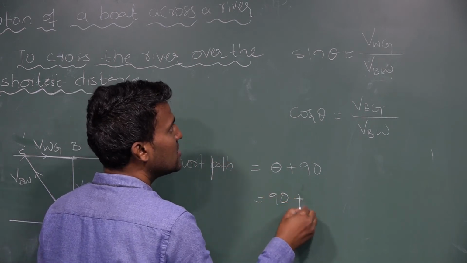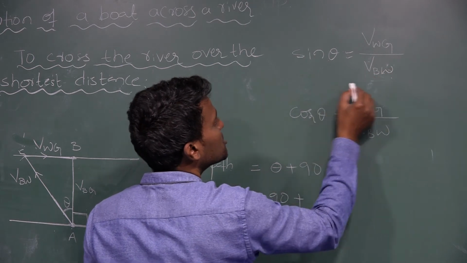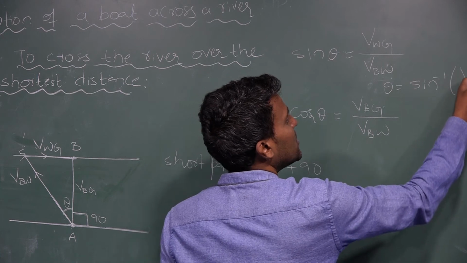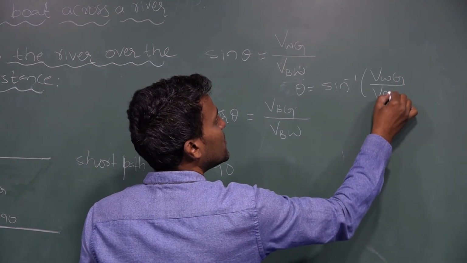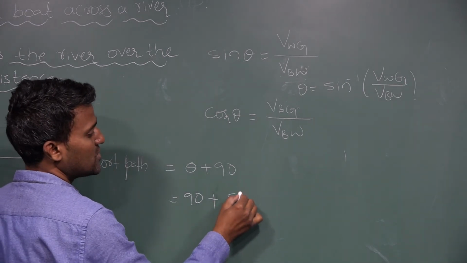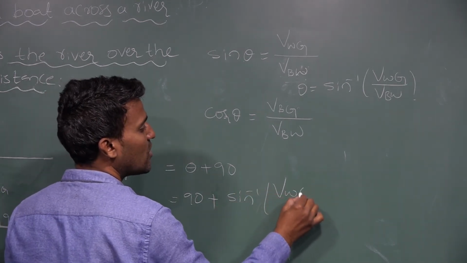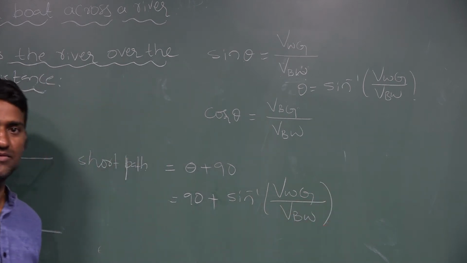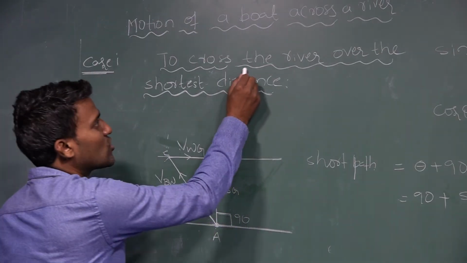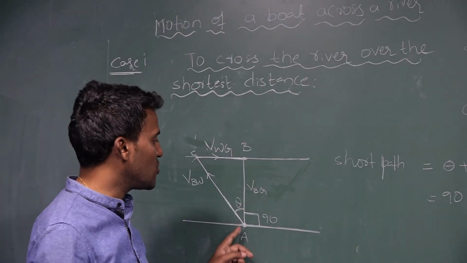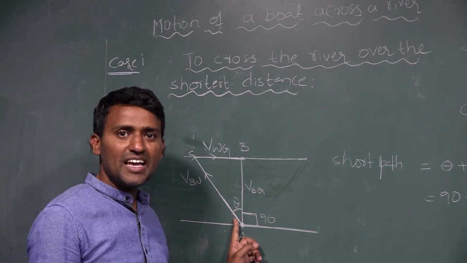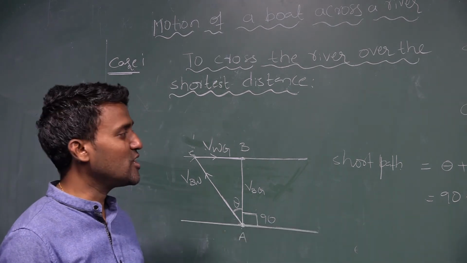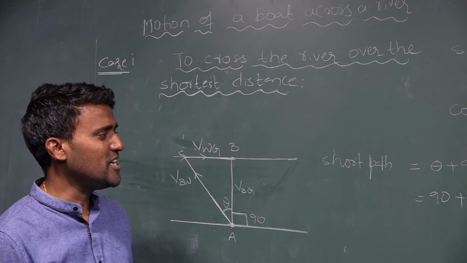From this equation you can write theta is equal to sine inverse of VWG divided by VBW, that is, sine inverse of the velocity of the water with respect to ground divided by the velocity of the boat with respect to water. To cross the river over the shortest distance, the angle with the boat velocity is 90 plus sine inverse of VWG divided by VBW.